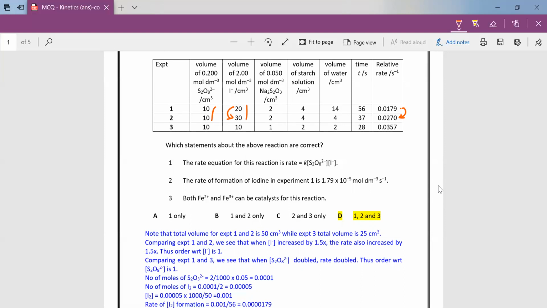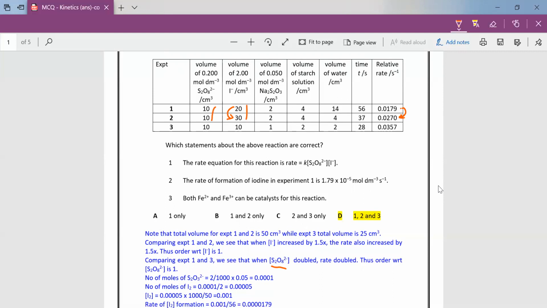Okay, so if you compare between experiment 1 and 3, when the concentration of S2O8 2- is doubled, all right, why can we say the concentration is double?